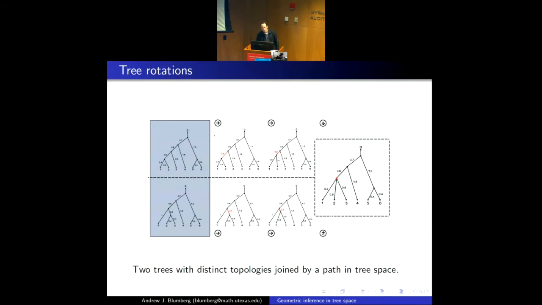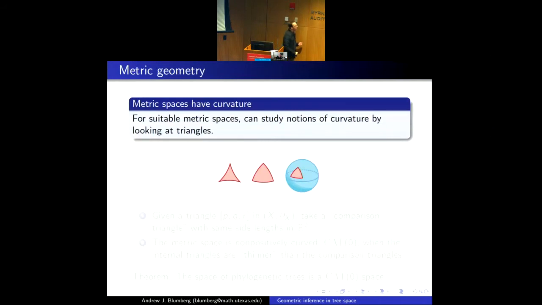Now, this is the distance, and the observation is that distances give you geometry. In particular, they give you a notion of curvature. How do you get curvature from distance? You get this by thinking about triangles.